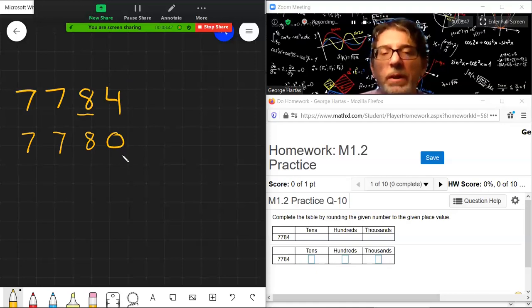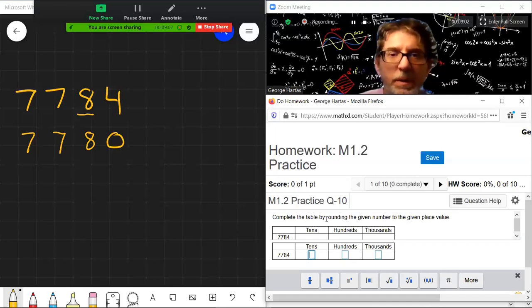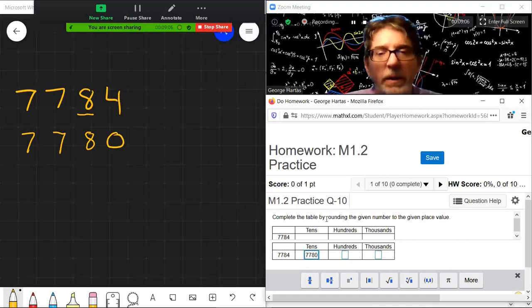Rounding is estimation or approximation. So this whole number gets typed in here: 7780. We can't check it till every number has been filled in. So that's part one.